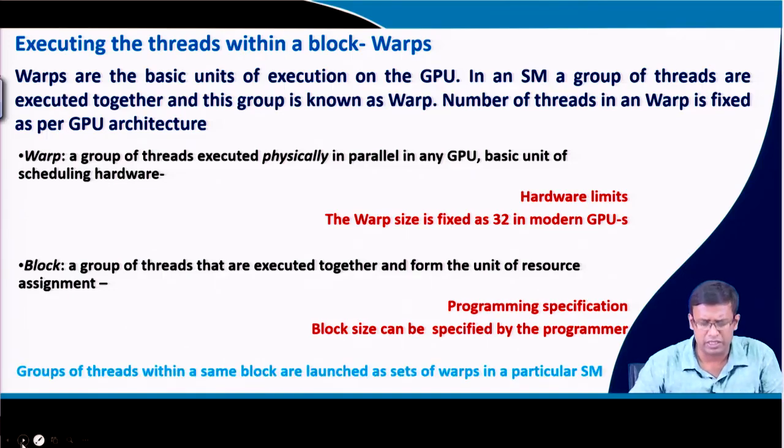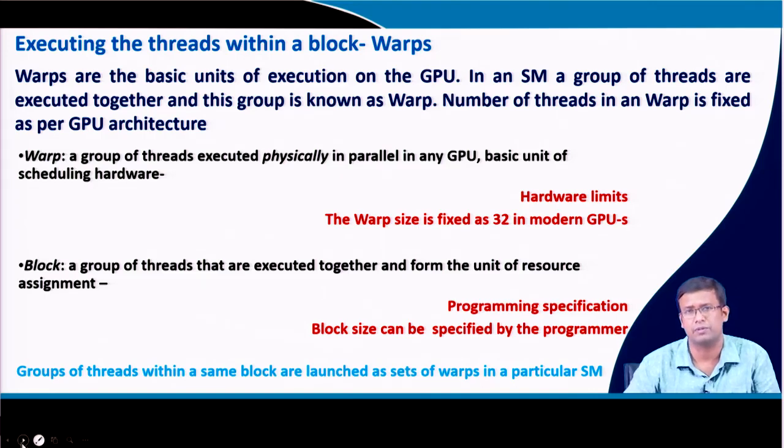Groups of threads within the same block are launched as sets of warps in a particular streaming multiprocessor. Say two blocks are assigned to one streaming multiprocessor and each block has 16 threads. These 16 threads of two different blocks cannot be chosen as part of the same warp.